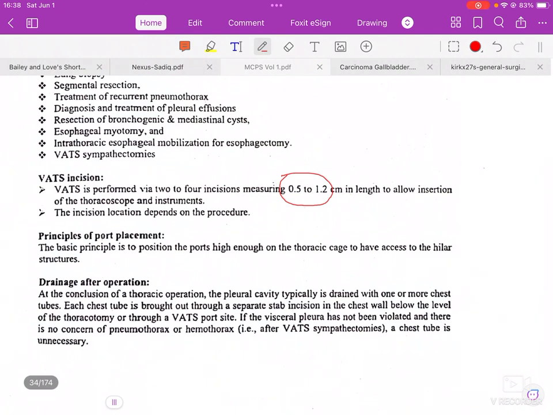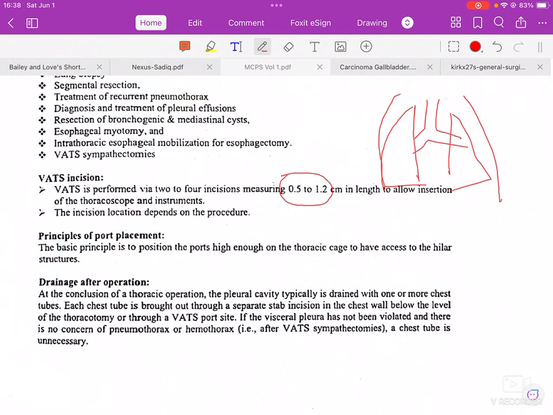Now, principle of port placement. This is a very important part. The basic principle is to position the port high enough on the thoracic cage to have access to the hilar structure. So we have to place it high enough so that it can come to the hilar structure.